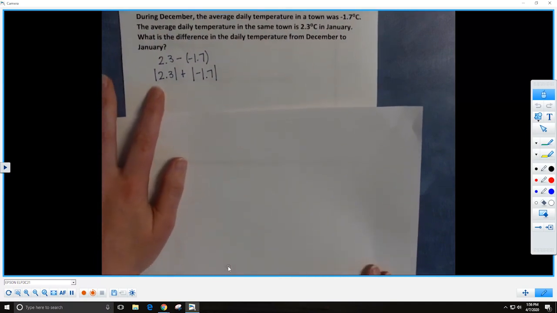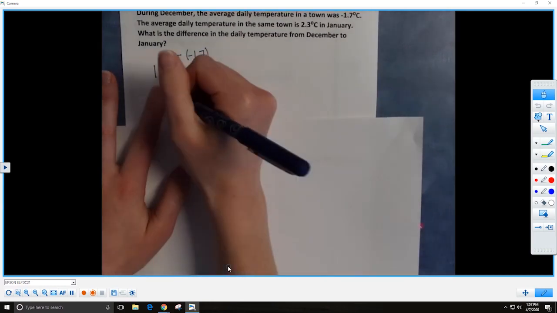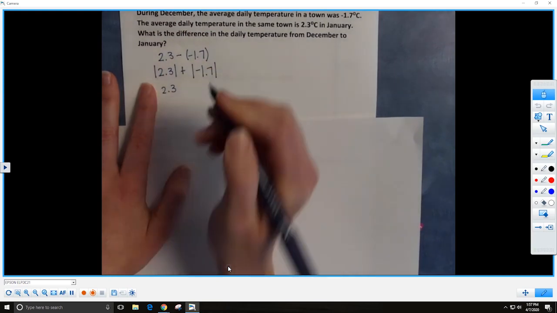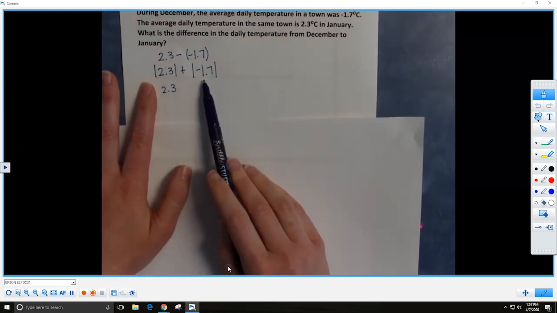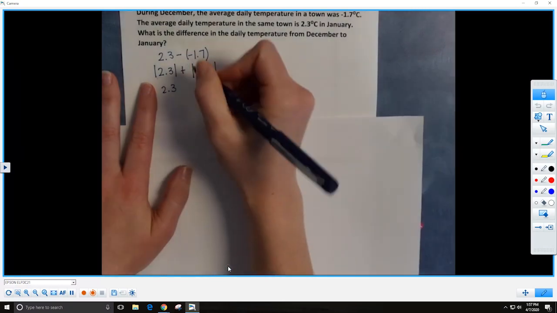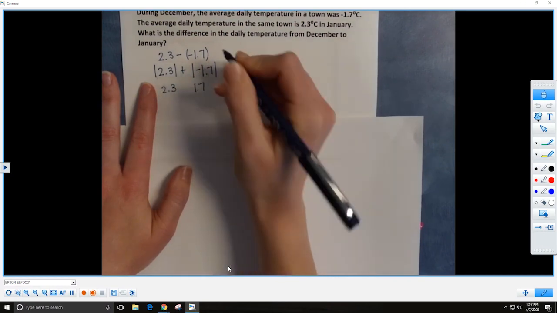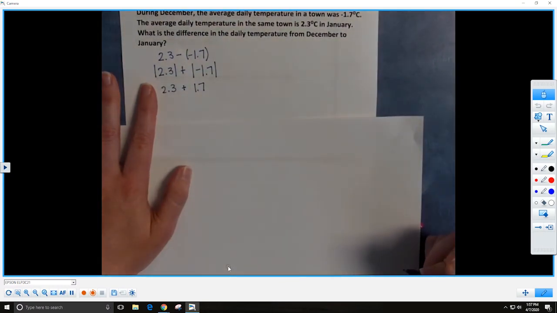The absolute value of 2 3/10 is the distance that 2 3/10 is from 0 on the number line, which is 2 3/10. The absolute value of -1 7/10 is the distance from 0, which is 1 7/10. Adding those together gives the total distance.